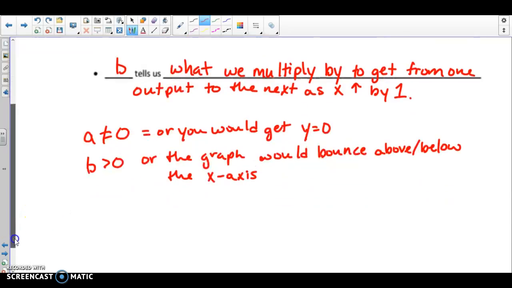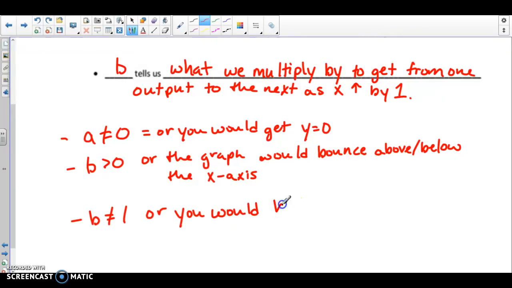So we don't want that. And our last stipulation is that b cannot equal 1. Otherwise, you would have y equals a, which would be a horizontal line.